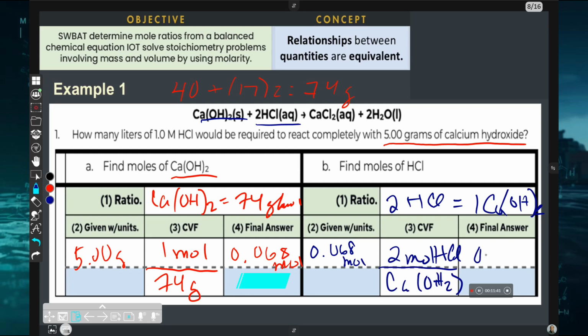That gives me 0.135 moles of the HCl, right? Beautiful, but we're still not done yet. Still not done. Let's continue.